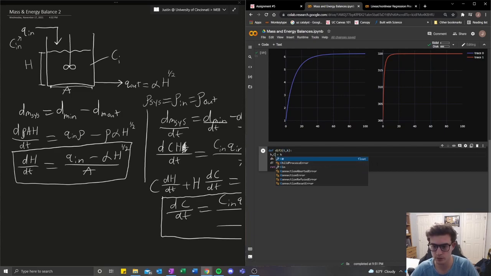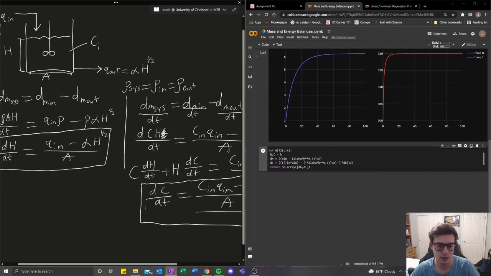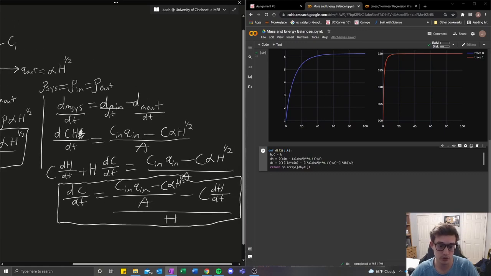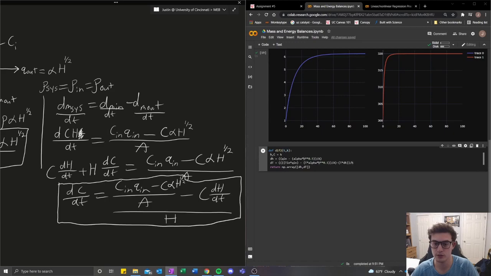We want all our temperature values to be concentrations now, because as we see over here in our notebook, we have C's everywhere we had T's before, and that's pretty much the only difference. So I'm just going to go through and change all of our T's to C's. Temperature here, C there, one there, and one there. All right.